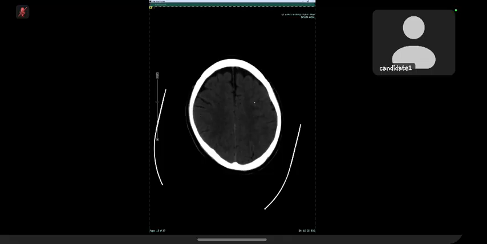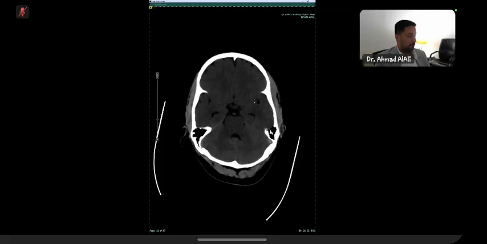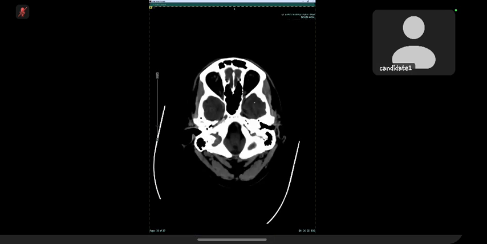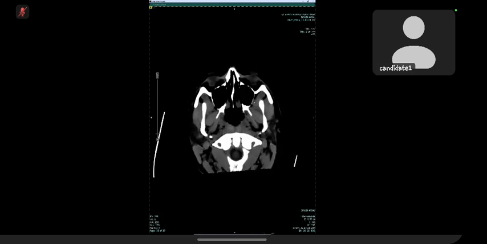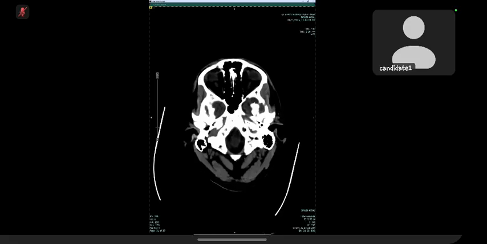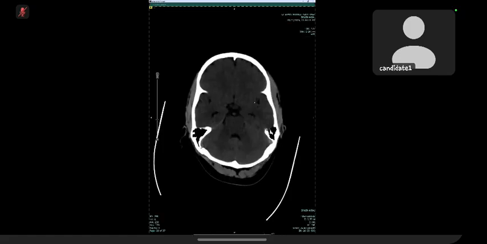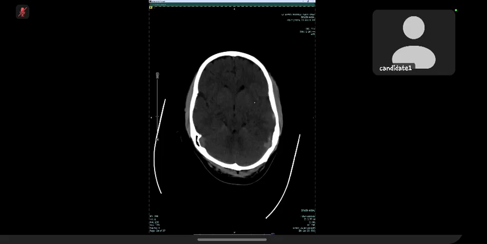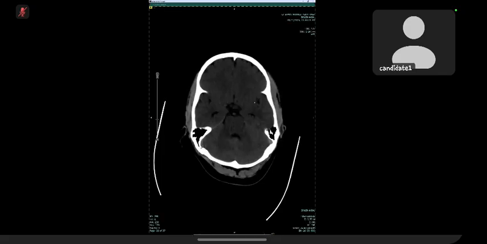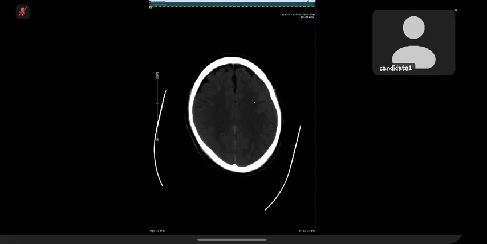So here I am presented with the non-contrast CT scan, brain window, axial sections. The patient presented with decreased consciousness. So I am checking the posterior part of the brain, scrolling from first cut to last cut.